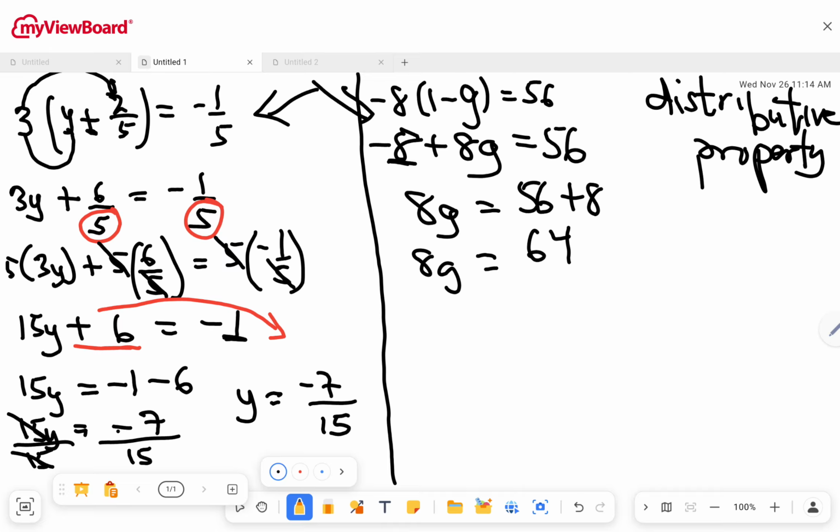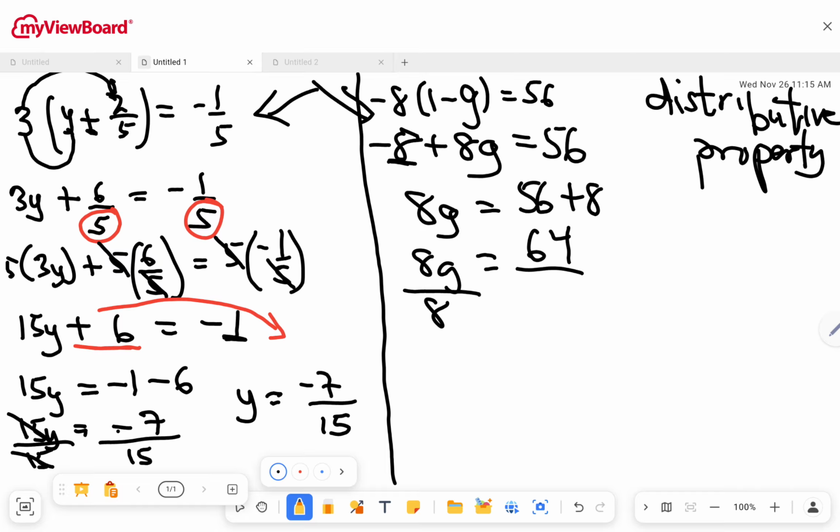So in order for us to find the g, we must divide both sides of the equation by the coefficient of g, which is 8. Any number attached to the g is called coefficient, and we must divide both sides by that number so that we can take away the coefficient or eliminate the coefficient from the variable.